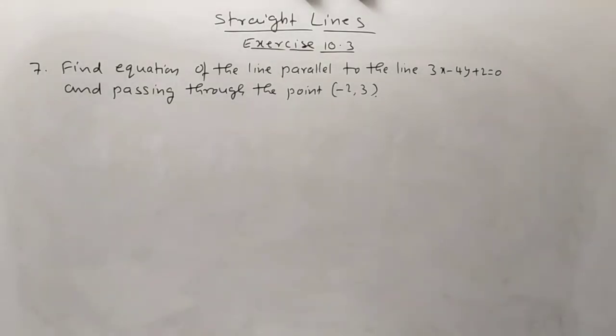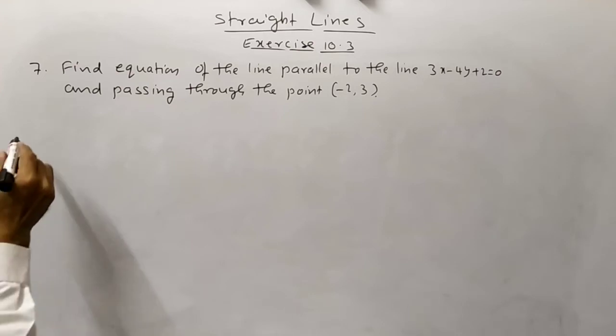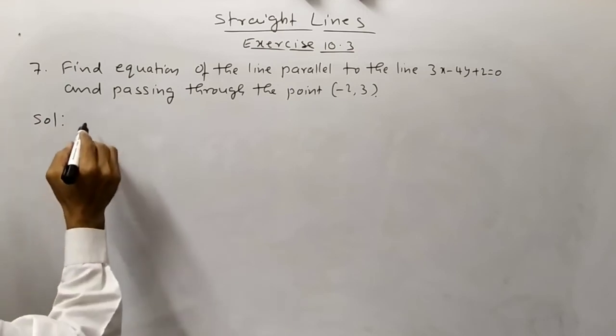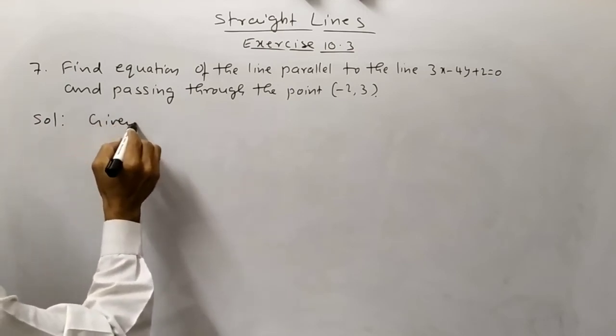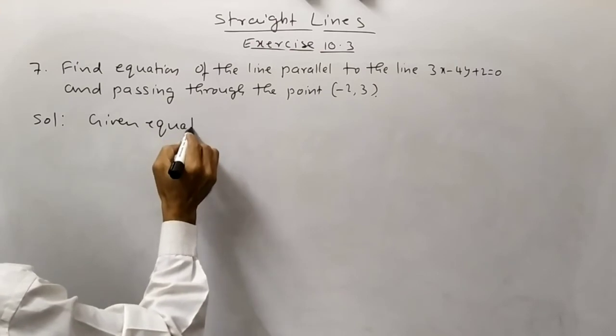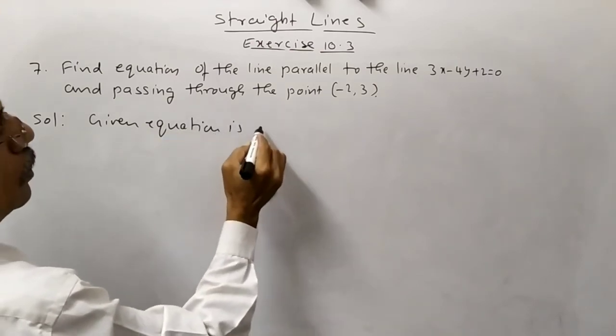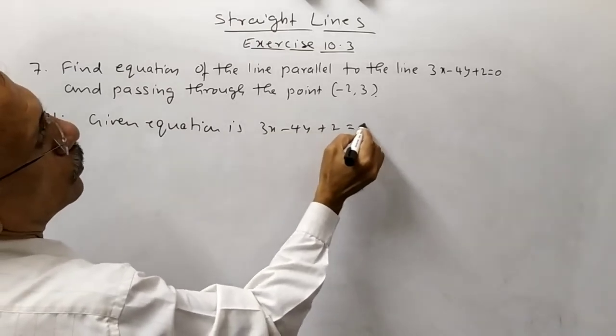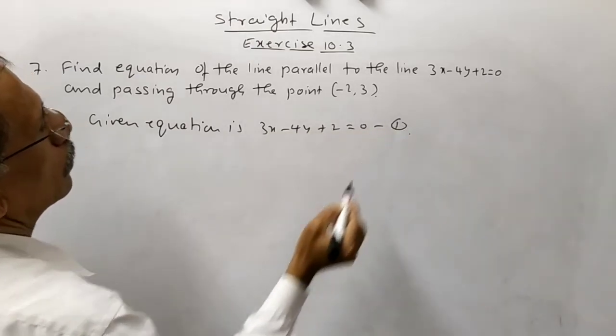Seventh question. Find equation of the line parallel to the line 3x minus 4y plus 2 is equal to 0 and passing through the point with coordinates -2, 3. Solution. Given equation is 3x minus 4y plus 2 is equal to 0, say number 1.